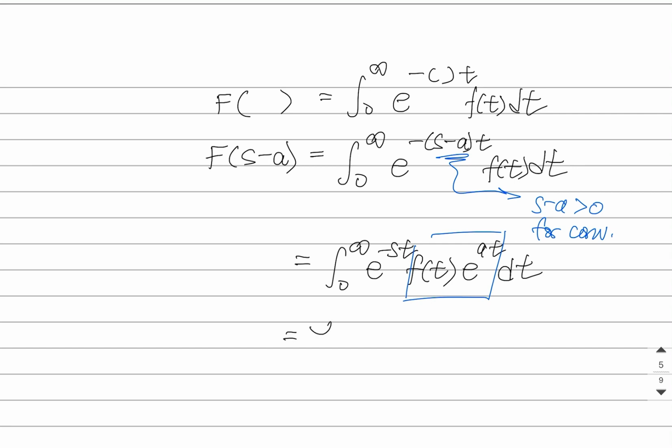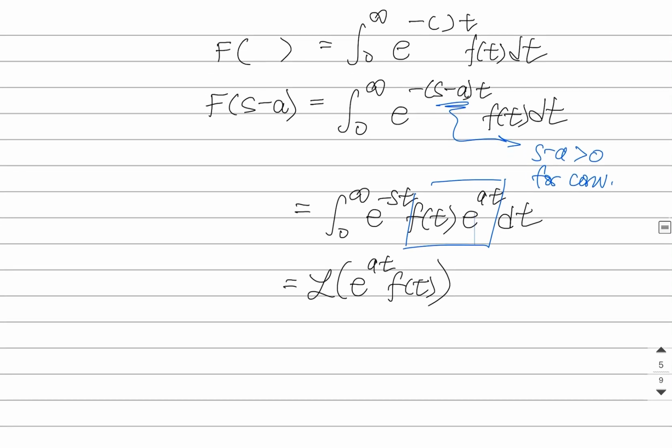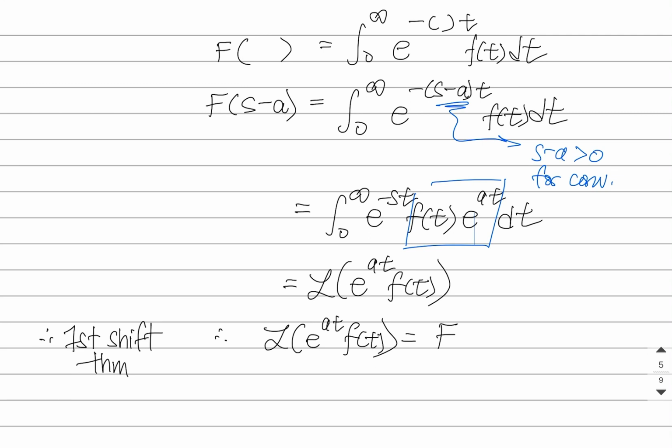This ends up being the Laplace transform of this exponential factor times my original function. And this is what we call the first shifting theorem. And it says the following things. If you ever need to take the Laplace transform of an exponential function weighting something in t space, this ends up being a shift in s space.